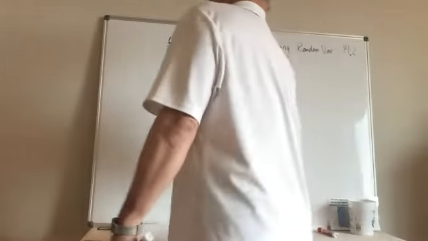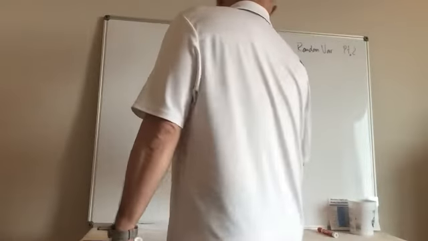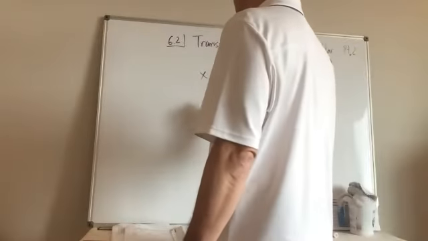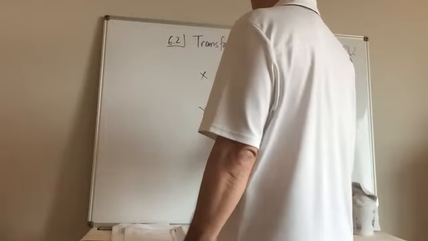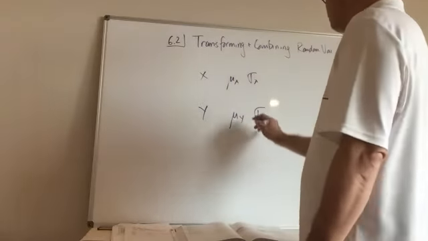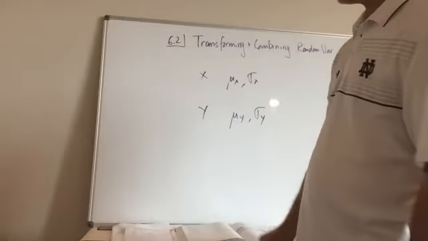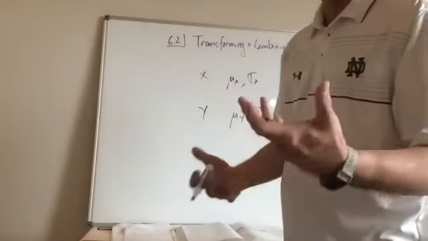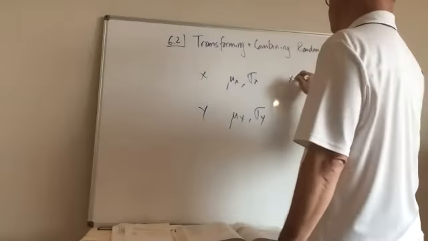So in 6.2-2, we're now going to talk about combining random variables. So I have two different random variables now, x and y. So I have an x random variable and a y random variable. What is the mean or mu of x plus y?